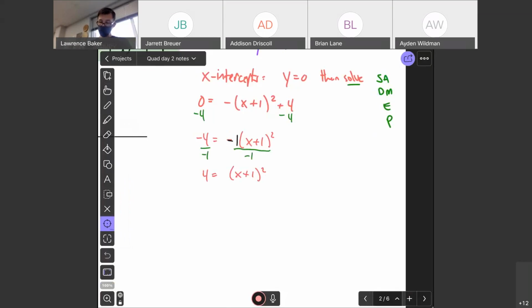Now I need to get rid of the exponent. Get rid of the square. What's the inverse of squaring? How do we square something? Not absolute value, that's completely separate.